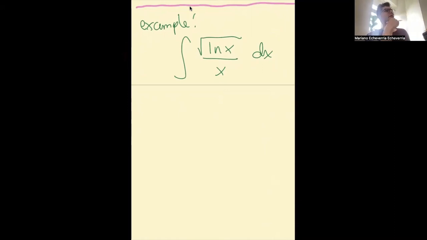Again, the philosophy in trying to find a substitution is to find something that would simplify how this expression looks. So what's the most weird or complicated thing that you currently have in this function?